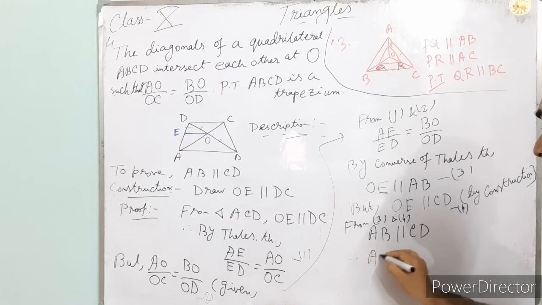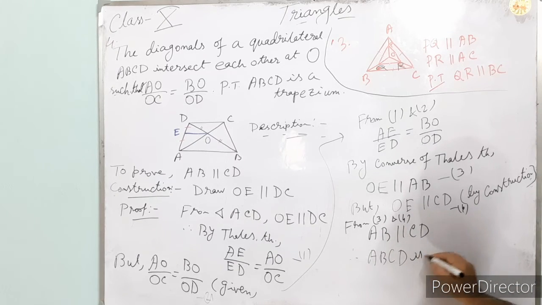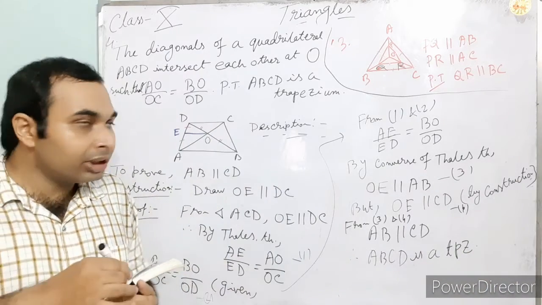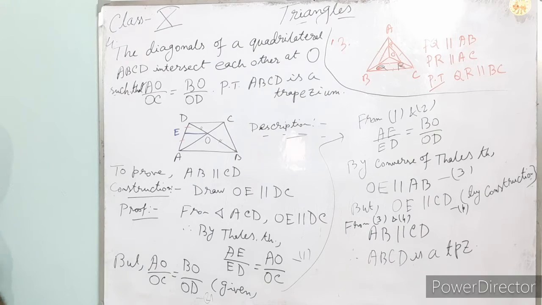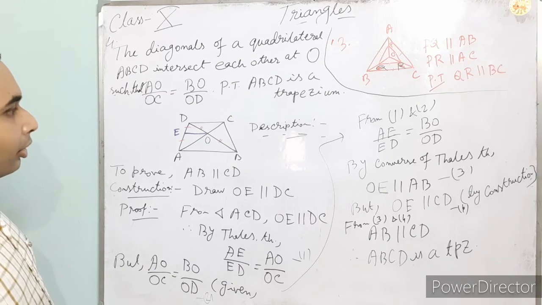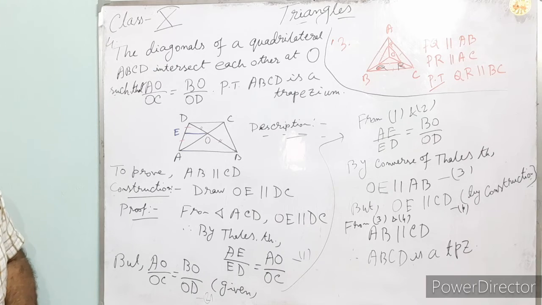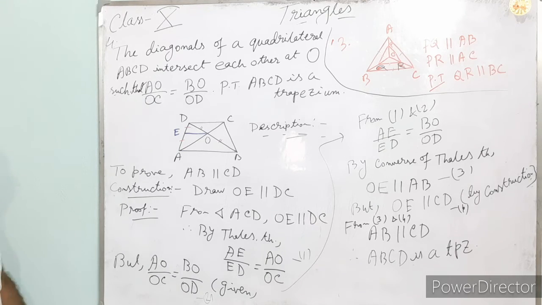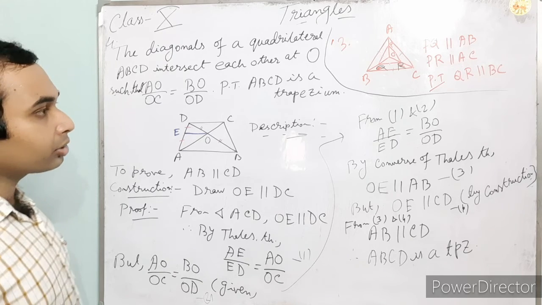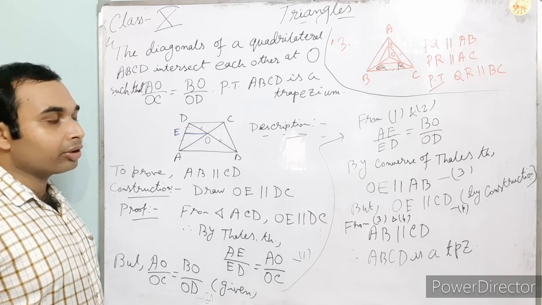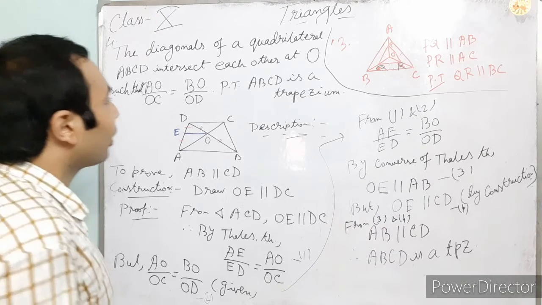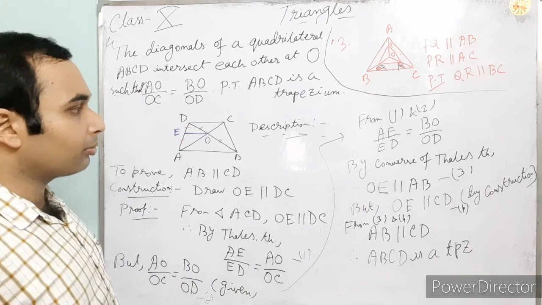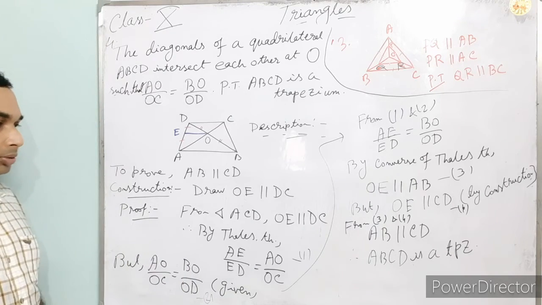So obviously ABCD is a trapezium. It is a bit tricky, this result. I have seen that it came in 2005, 2008, and also in 2011 or 2012. This type of application of Thales theorem comes, so you have to do those.